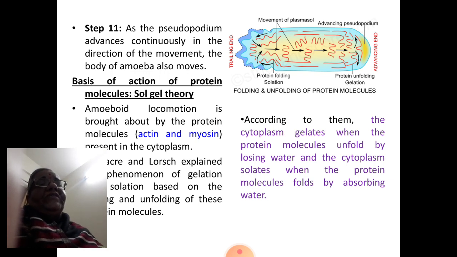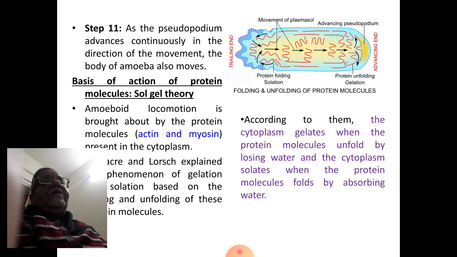So the cytoplasm, that is endoplasm, that is plasmosol, gelates when the protein molecules unfold by losing water, and the cytoplasm solates in the opposite end when the protein molecules fold by absorbing water.